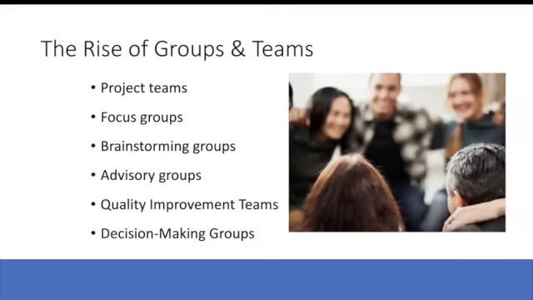Then you have another type of group that's called a focus group, which is a kind of group that researchers interview to get information on particular research questions. There are also brainstorming groups where people come together to come up with different ideas. And ideas could be for solving a problem or initiating a project or program or things like that.